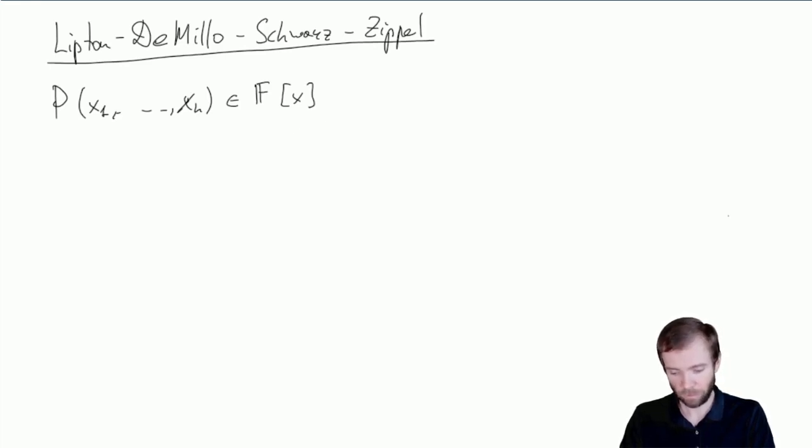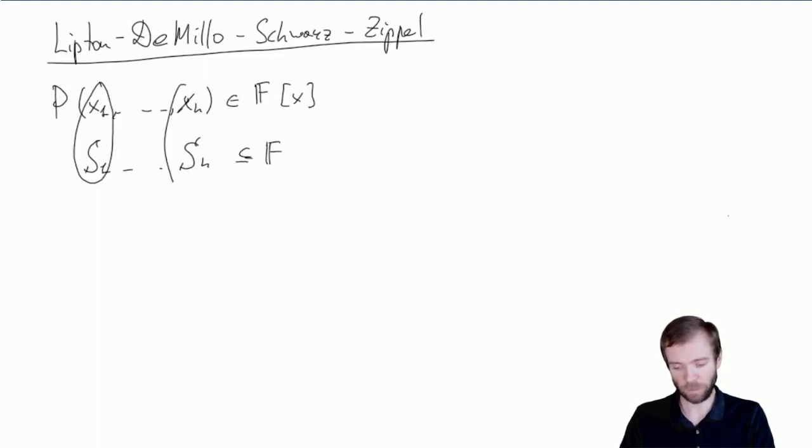And now, let S1 through Sn be subsets of this field F. So now the lemma gives an estimate for the number of ways to choose the values of each of the variables from the corresponding subset, so that the given tuple of values is a root of this polynomial.